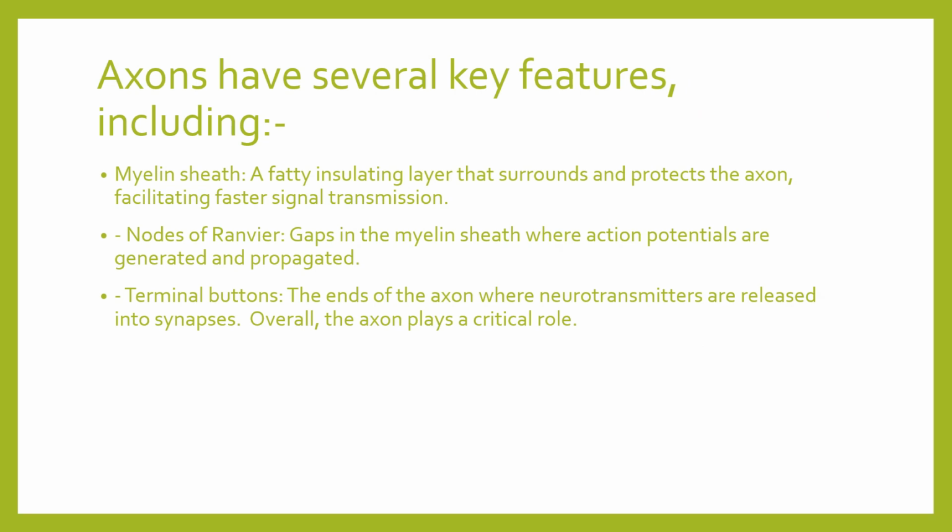Axons have several key features, including the myelin sheath, a fatty insulating layer that protects the axon, facilitating faster signal transmission. Nodes of Ranvier, gaps in the myelin sheath where action potentials are generated and propagated. Terminal buttons, the end of the axons where the neurotransmitters are released into the synapses.